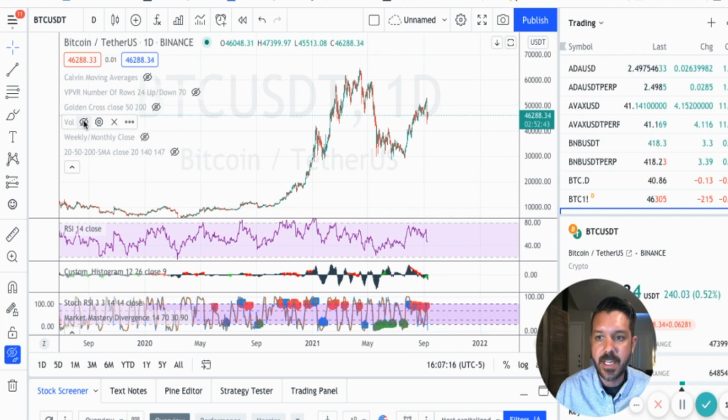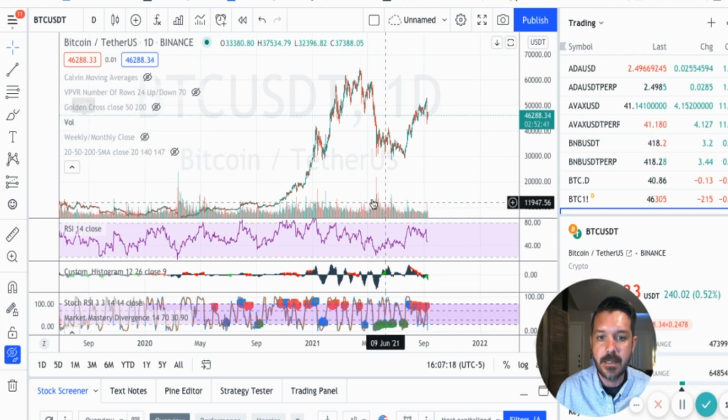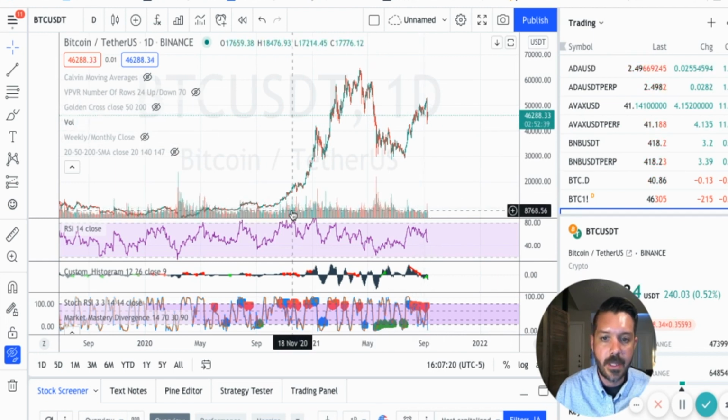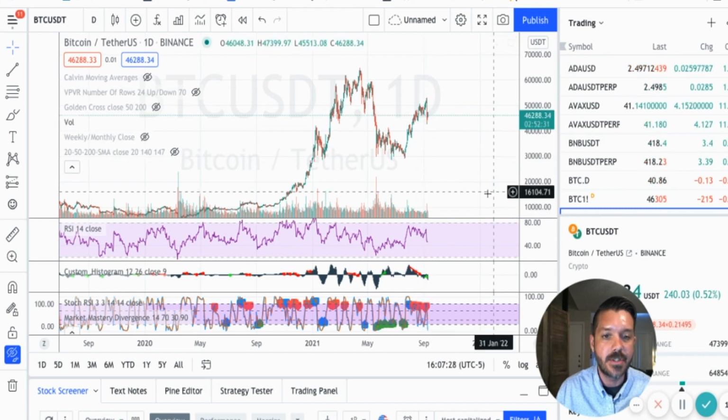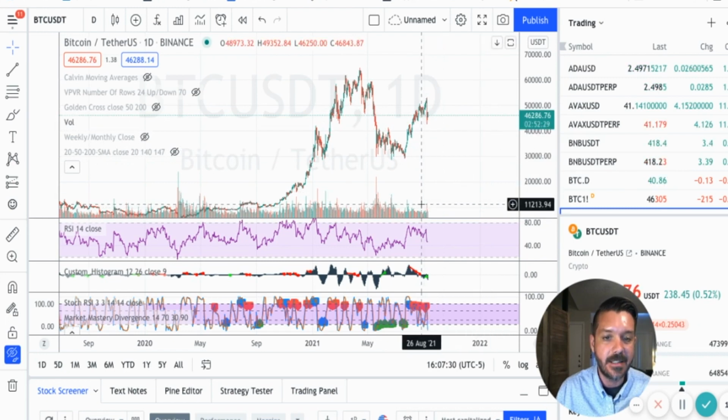And next up, we have the daily volume. So this indicator down here is showing us how many people are engaging with this coin, and is the majority of the engagement selling or buying. So green indicates that there's more people buying than selling, and red indicates that there's more people selling than buying.